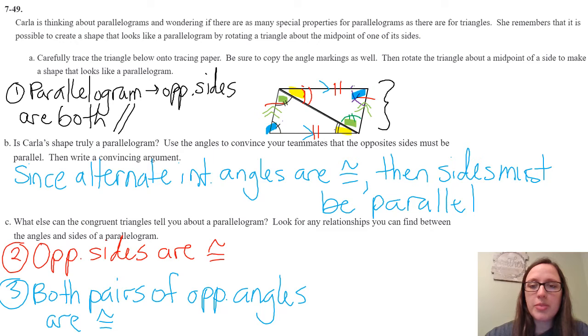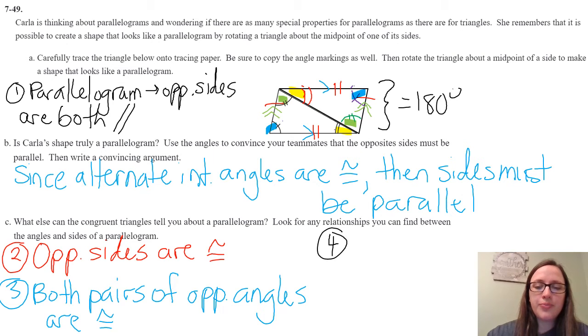So those are supplementary. That's another property that we can add. Sometimes we call that consecutive, and sometimes we call it adjacent angles. They both mean next to each other. Opposite means that they're across from each other.